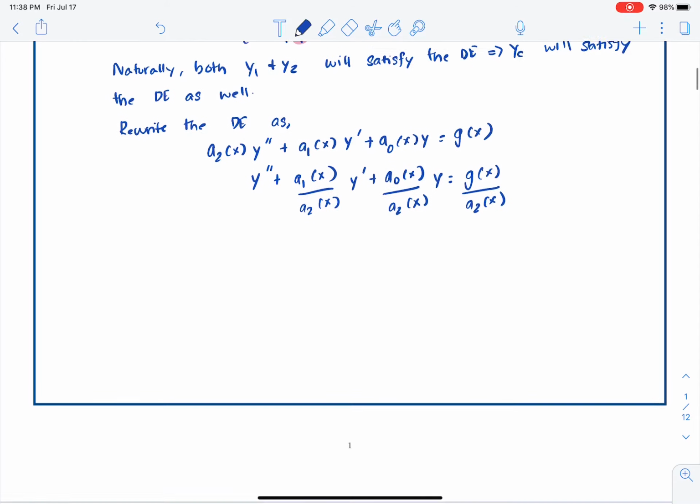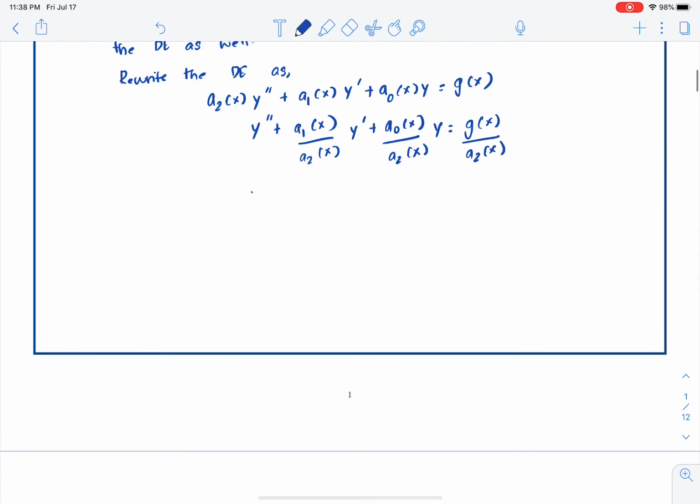So the standard form that we want is y double prime plus p y prime plus q y, where we call this part some function p and that some function q. I don't want to write it as p of x and q of x because it gets really messy, so I'll just call it p and q. Just keep in mind that both of them are functions of x, which is the independent variable, and that would equal just some function f of x.